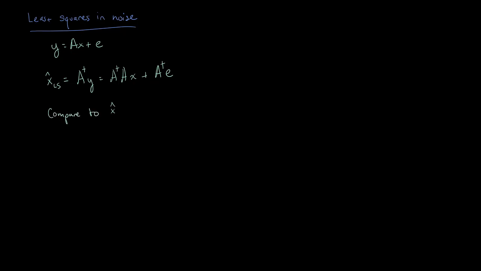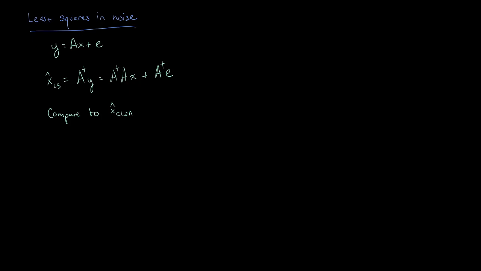So suppose that rather than observing y equals Ax, we observe y equals Ax plus e, where e represents some kind of noise or perturbation. If we then form the least squares estimate, which I'll denote x hat LS for least squares, we get simply the pseudo-inverse times y, which is just the pseudo-inverse of A times Ax, plus the pseudo-inverse of A times e. To understand how much error has been incurred by the addition of this perturbation e, we might want to compare x hat LS to the clean estimate we would get if e had not been there.